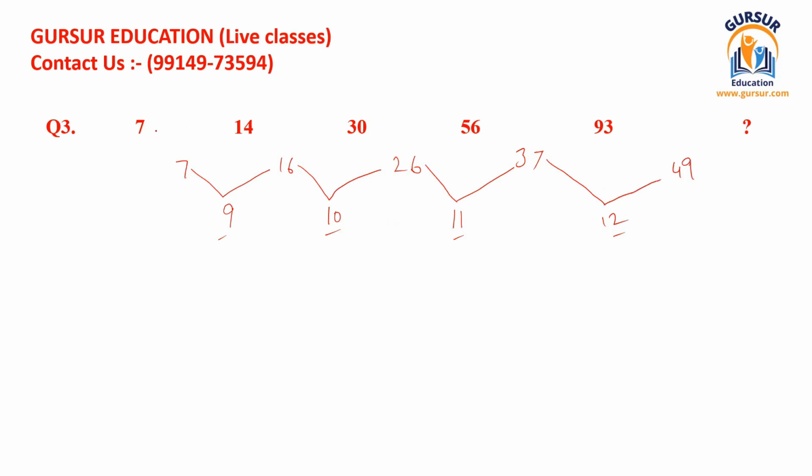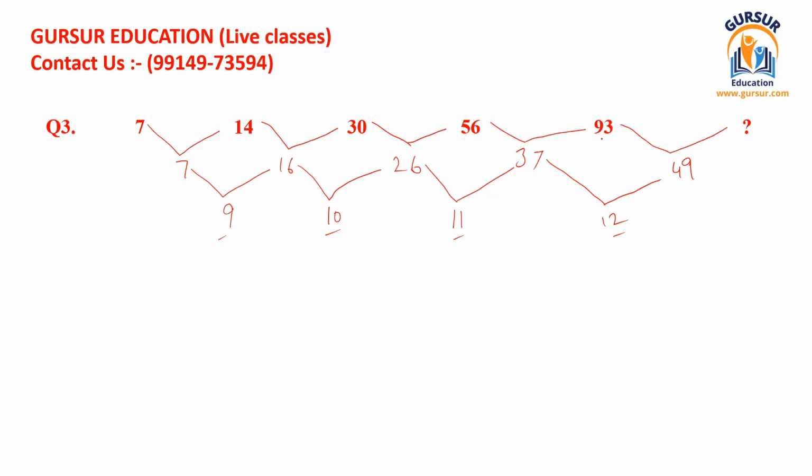Now make further relations. When you add 7 in this 7, you get 14. When you add 14 in 16, you get 30. When you add 30 in 26, you get 56. When you add 56 and 37, you get the value of 93. Now you have to add 49 and 93 in order to get the value that shall come at the place of the question mark.